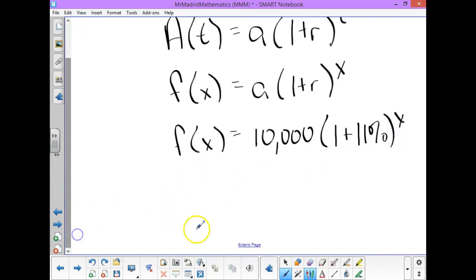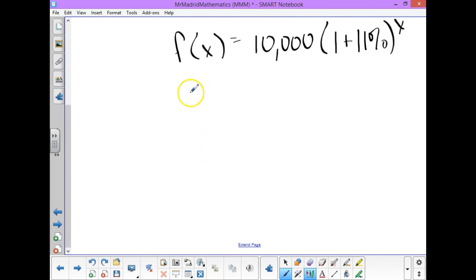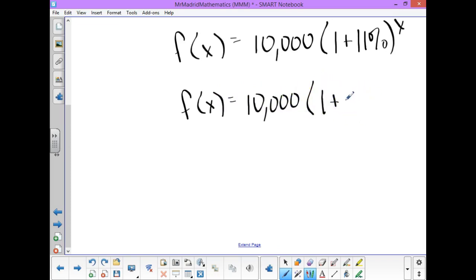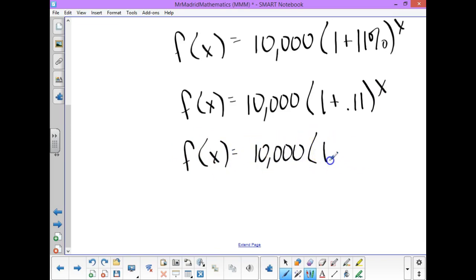Now I'll go and make the appropriate adjustments and kind of wrap it up here. We've got the 11% as 0.11, and lastly, we can write that as 1.11 raised to the x.